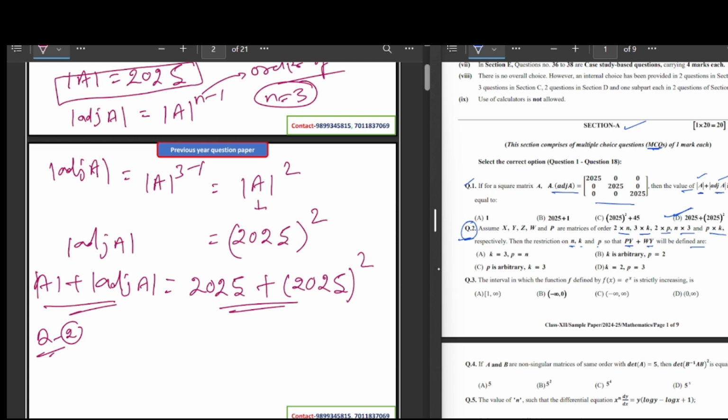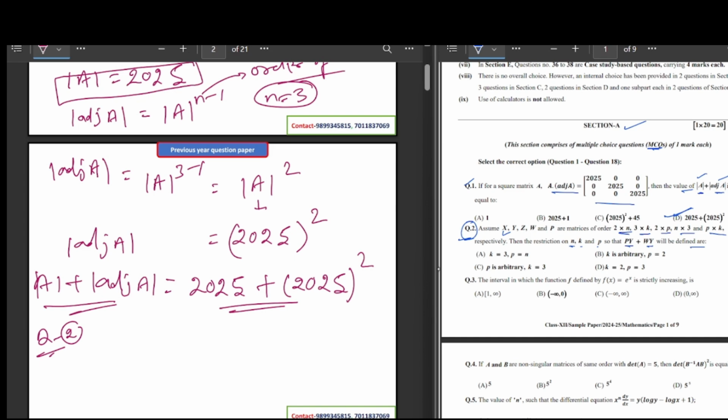Assume that X, Y, Z, W and P are matrices of this order. These are the order of matrix X, the order of matrix Y, and Z, W and P. All orders are given.